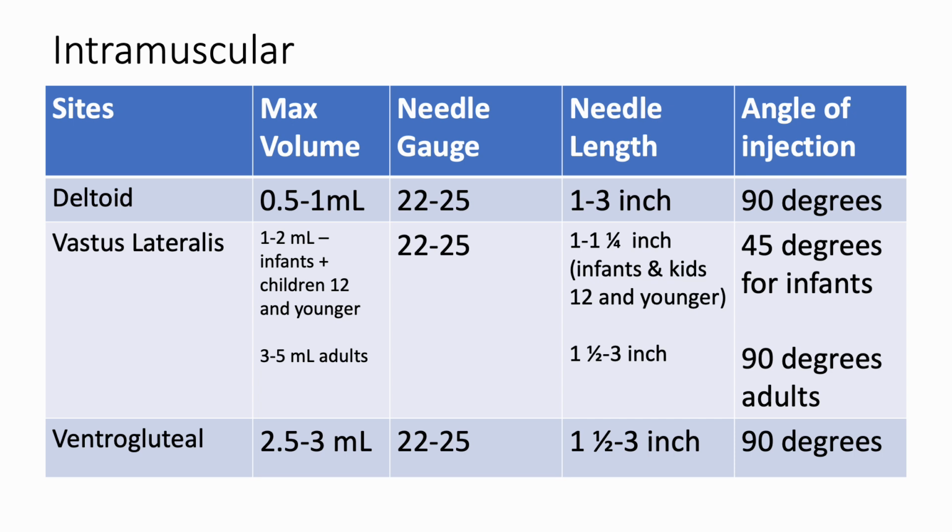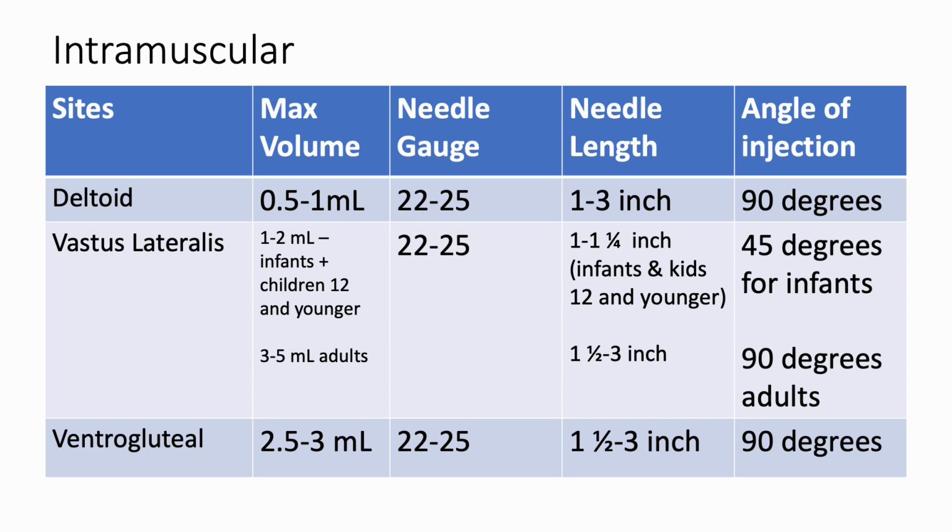Again, needle gauge 22 to 25. For needle length, we're looking at 1 inch to 1.25 inches for infants and kids 12 and younger, because they need a smaller needle since their bodies are smaller. For adults, we're looking at a 1.5 to 3-inch needle, and all adults get a 90-degree injection angle for IM injections.